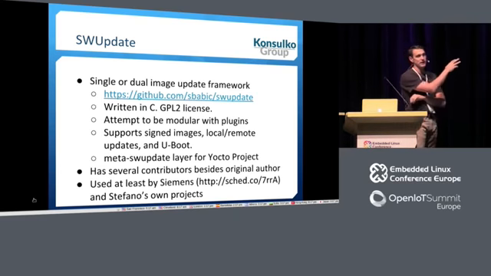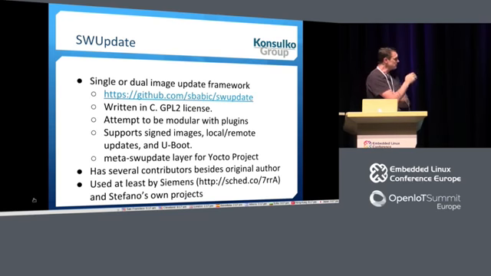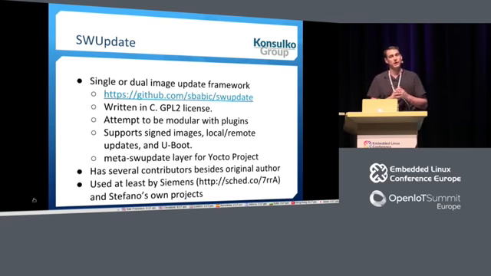You can find it here on GitHub. It's maintained by a developer at DENX Software Engineering. It's written in C, with very easy to follow code. It's GPL2 licensed, and he's made an attempt to be modular with plugins.